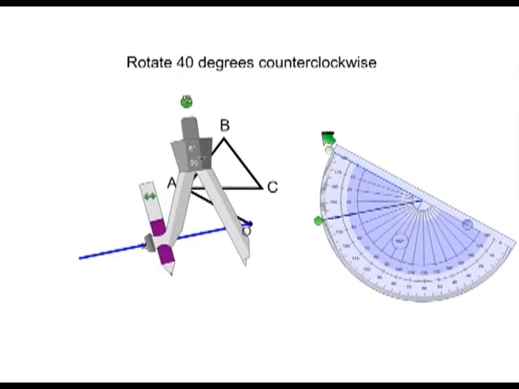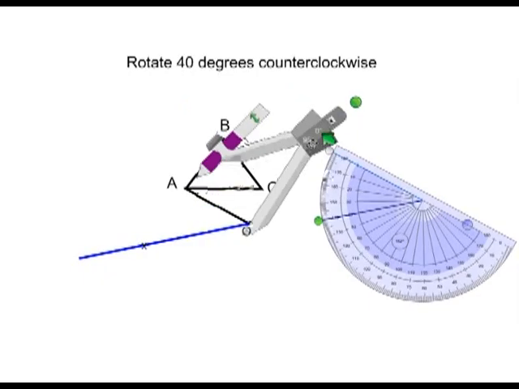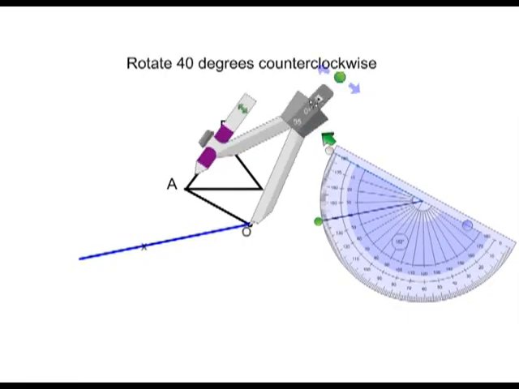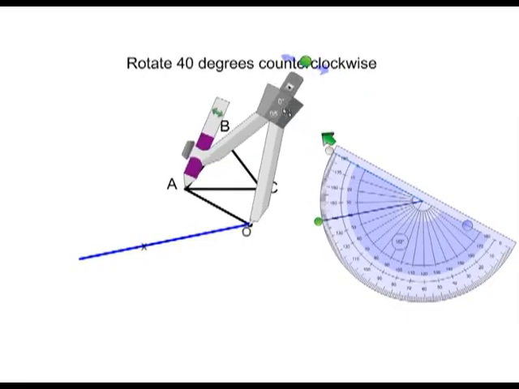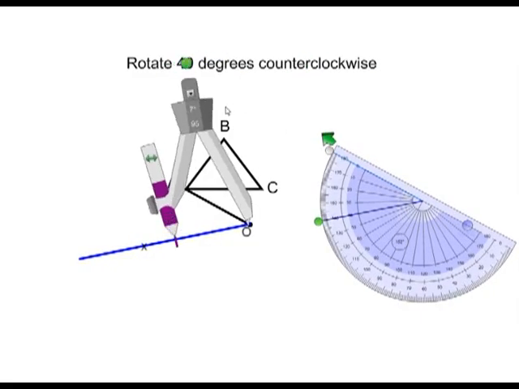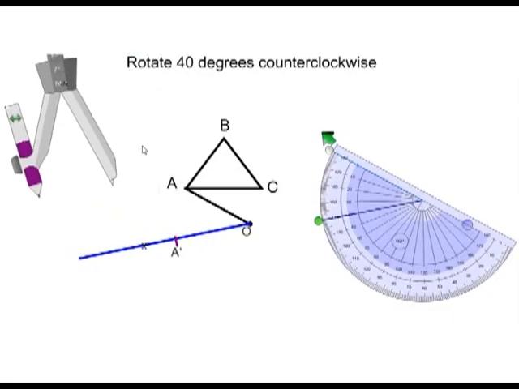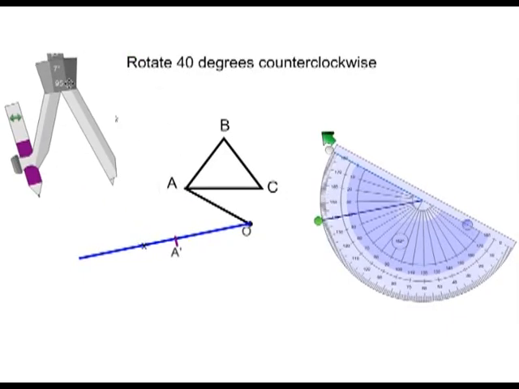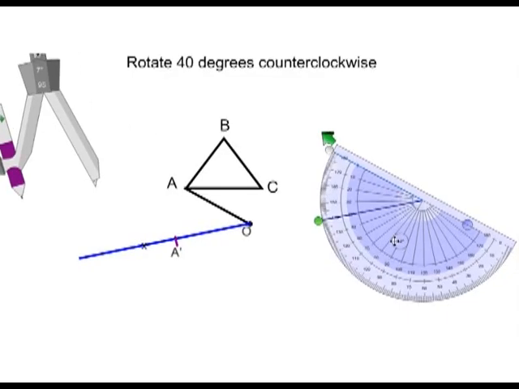Now I will take the compass there and measure this distance OA because I need the same distance on my new line. I'll mark the distance here, and that's A prime. Next, we go to B and rotate that point.